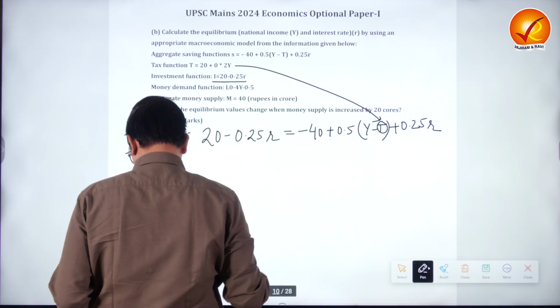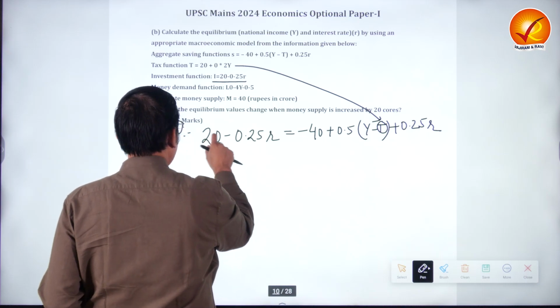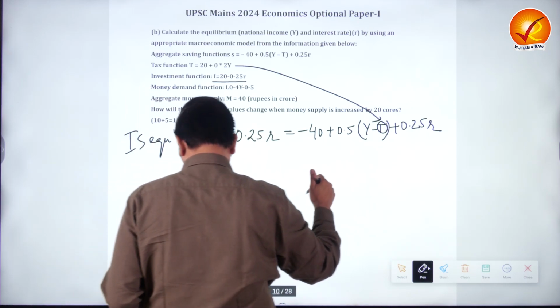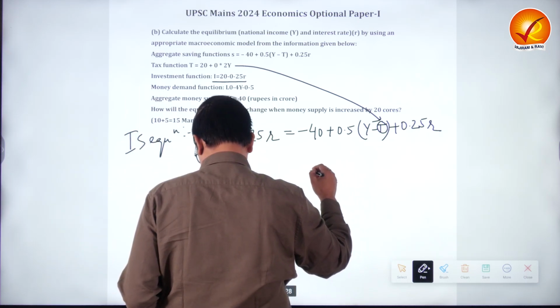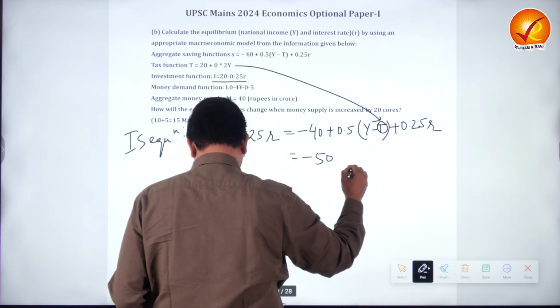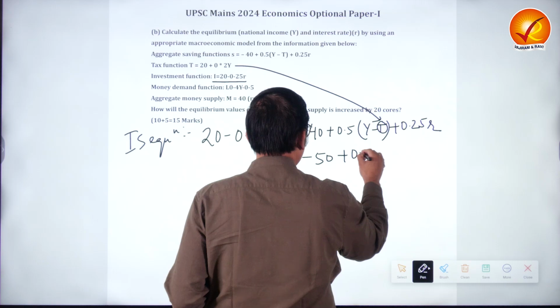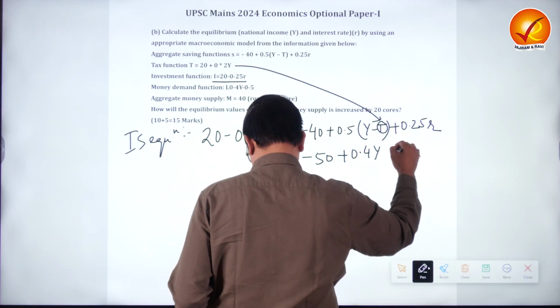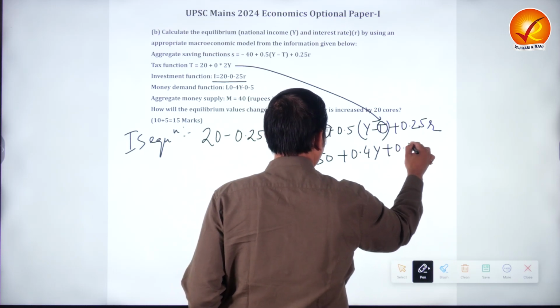When you simplify this, you should be getting 20 minus 0.25R is equal to minus 50 plus 0.4y plus 0.25R.